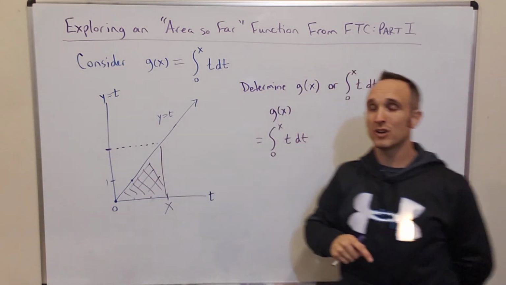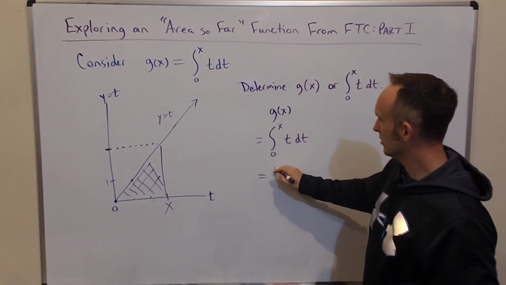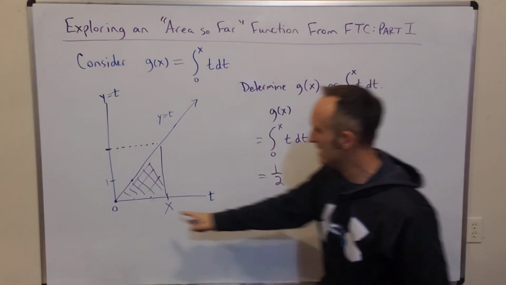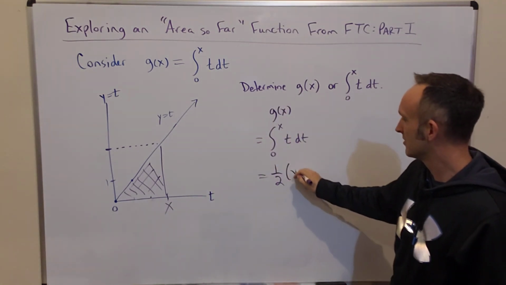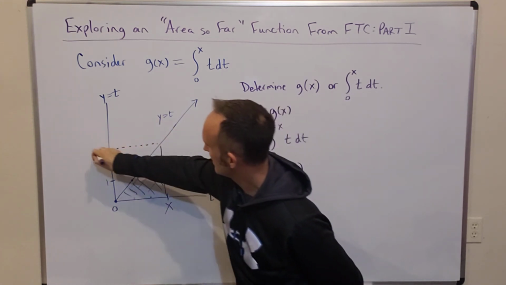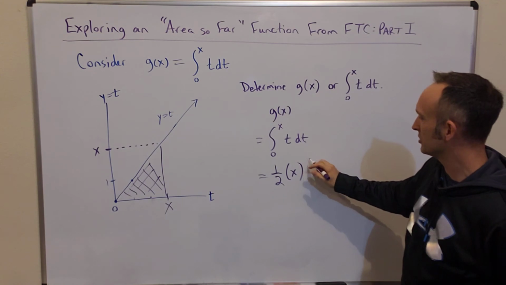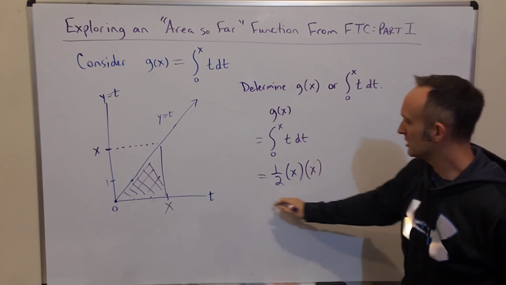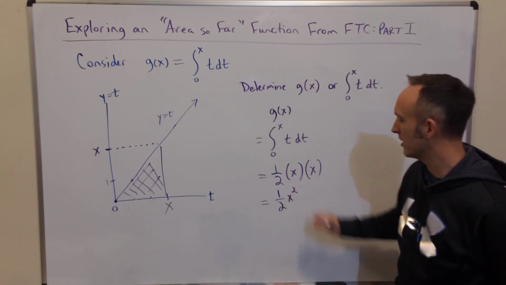That's still a right triangle, okay? And the area of that triangle is 1/2 times the base length. The base length here is x. The height, again, the output of this function is the same as the input. So in this particular case, the height of that triangle is also x. And so what we get is 1/2 x squared.